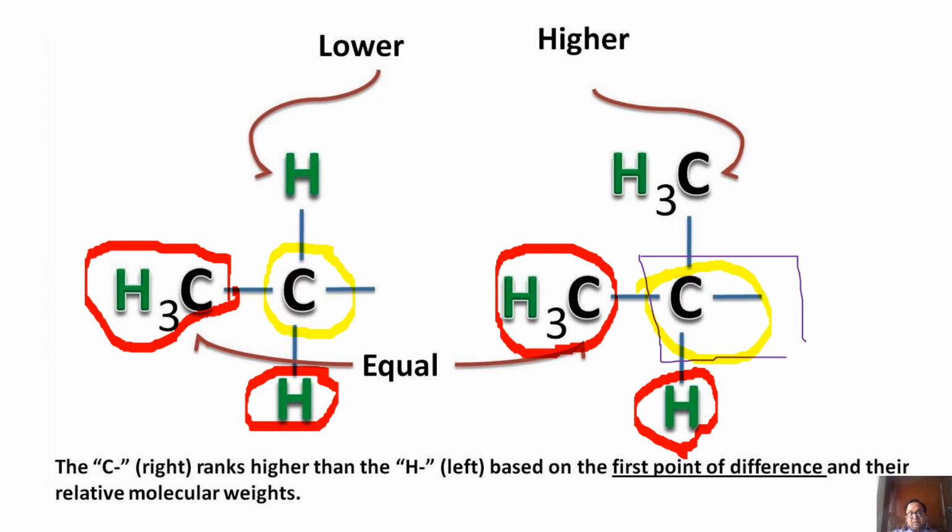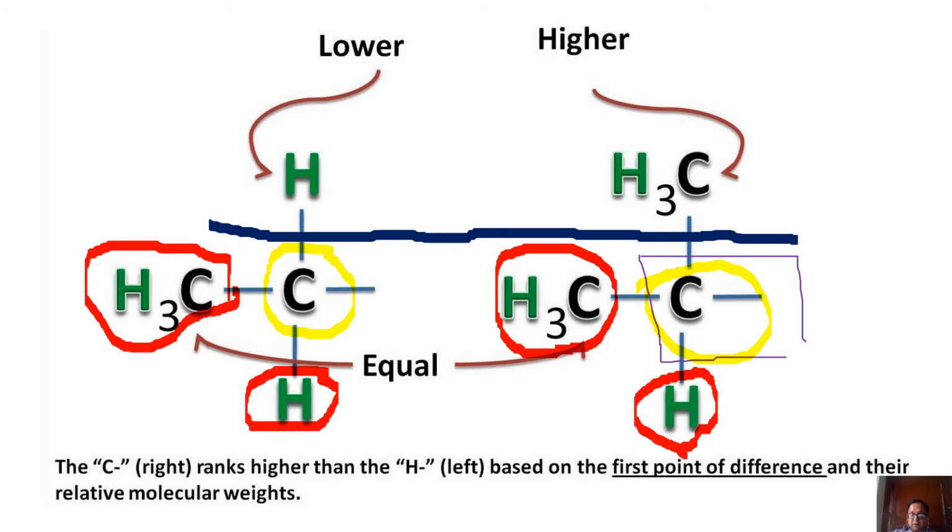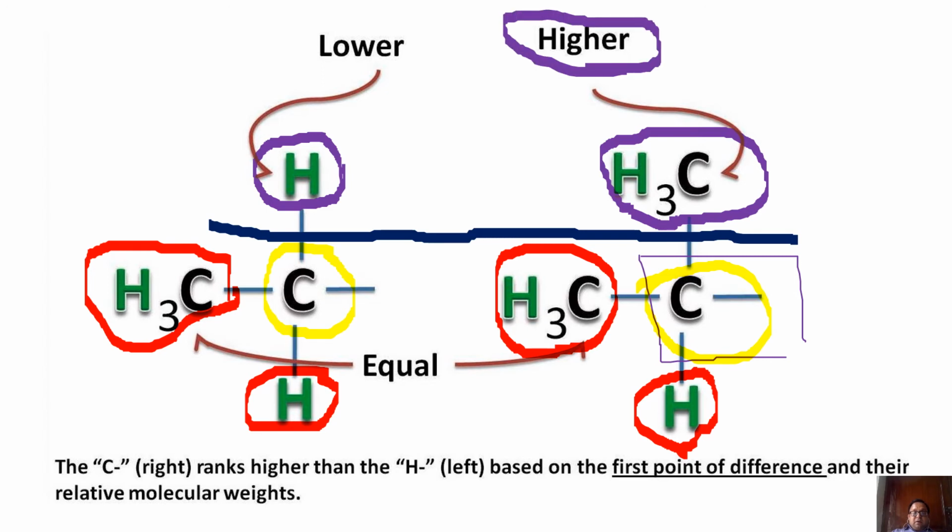Structure is same. So we can leave the structure up to here. Now if we see further, the third substituent here is hydrogen, and here is methyl, and this is the point of difference. With the higher atomic number, carbon is having priority over hydrogen. So that's why this is given the high priority, this is given the low priority.